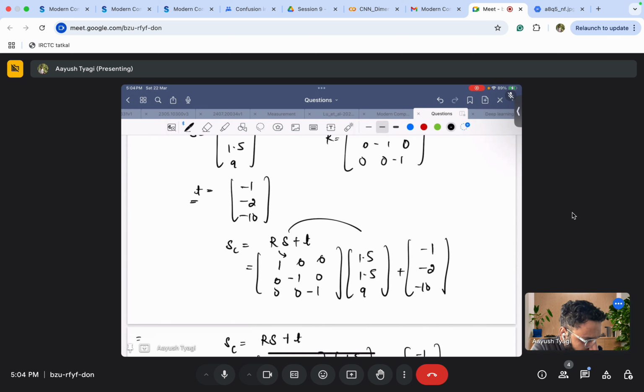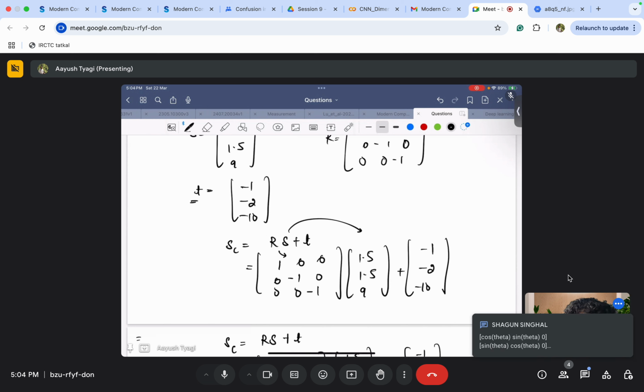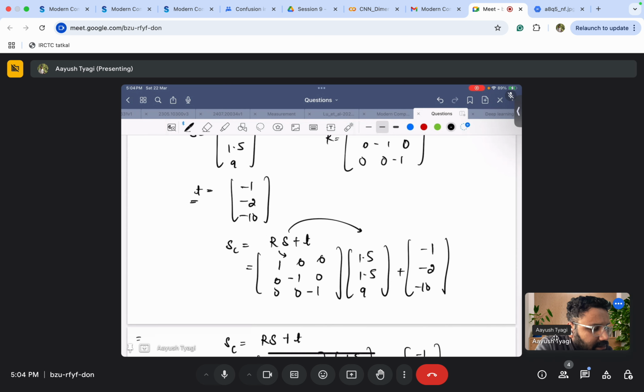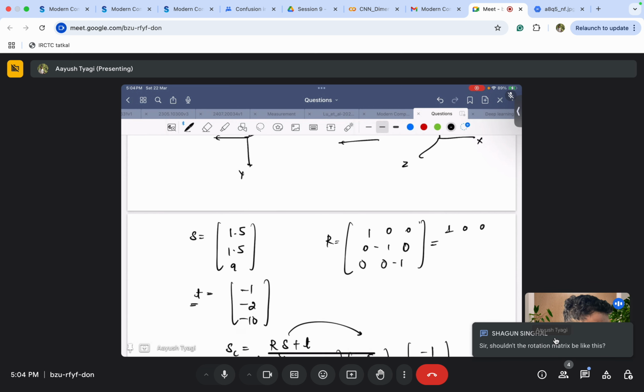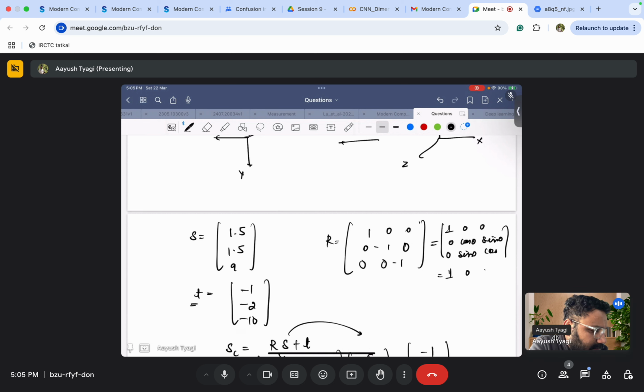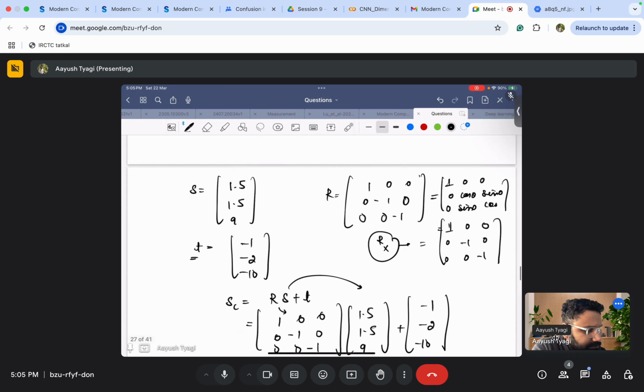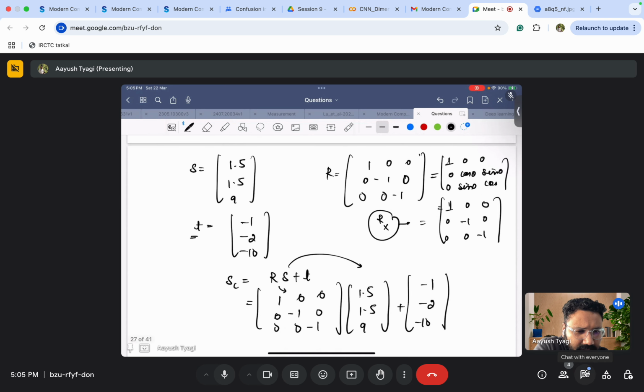You have a point you want to rotate, so you multiply that point with the cos theta, sin theta matrix. Cos theta is minus 1. I think that also makes sense, right? When you actually do it with cos theta, sin theta, sin theta, cos theta, everything works out to be 1 0 0, 0 minus 1 0, 0 0 minus 1. I guess this is because of the rotation in the x plane, sorry. So that's why. Makes sense, right?